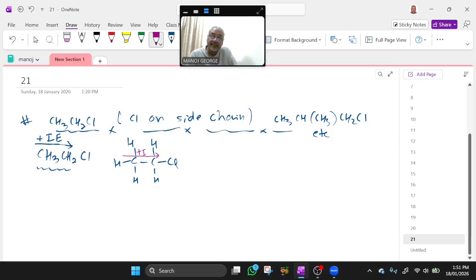Because it does positive inductive effect, you have to think, what is the effect on the CCl bond? Your first instinct will tell you what? You will say, oh, the CCl bond should become strong. Agreed or disagreed? Electrons are being pushed into that, so the CCl bond actually becomes a bit stronger.